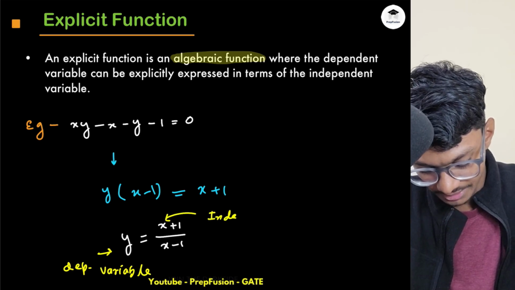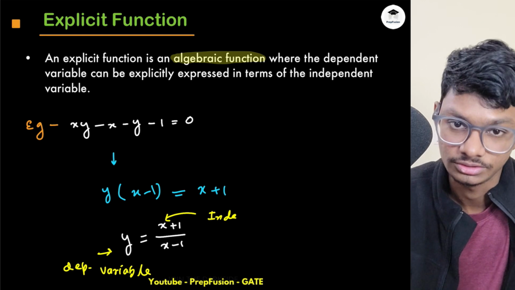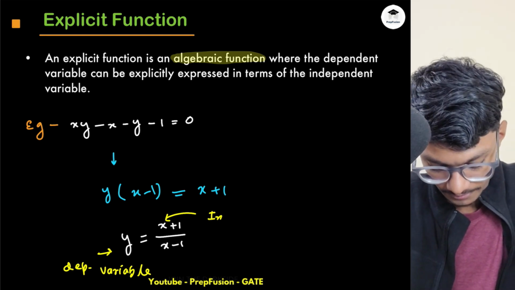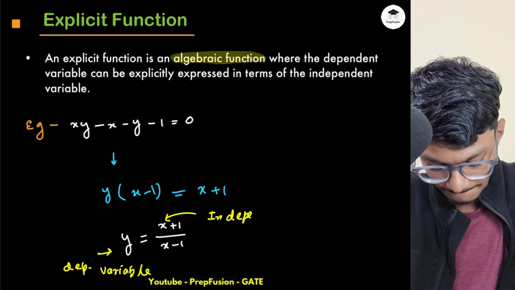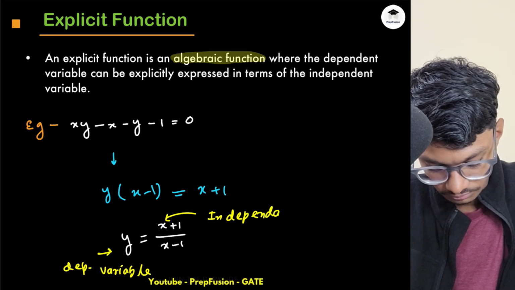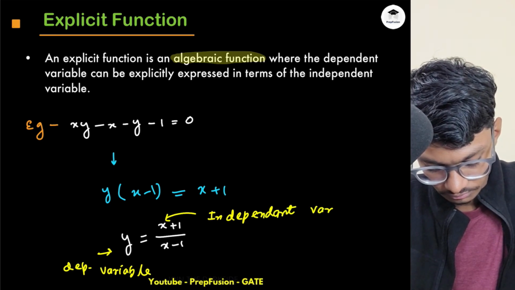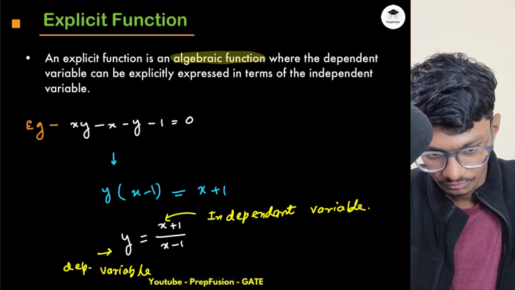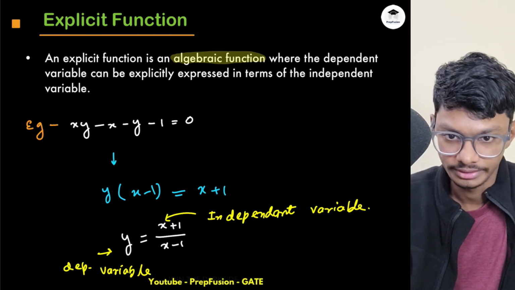So I can easily express my dependent variable as a function of the independent variable. This is what y equals to f of x means.